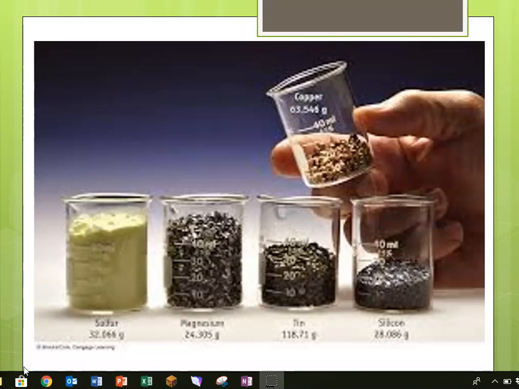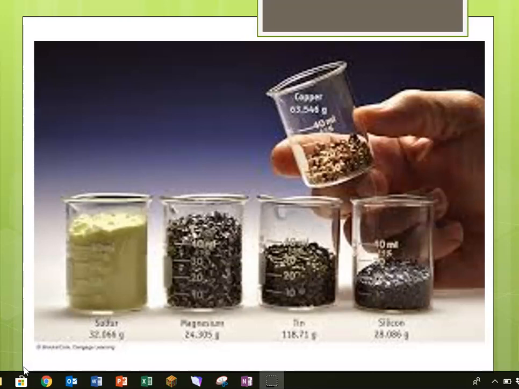And being held in the hand is copper, which is about 63 grams, 63.5. All of those beakers contain 1 mole of atoms, 6.022 times 10 to the power of 23. Exactly the same number of atoms. You'll see they're different volumes, they are different masses, but they contain the same amount of atoms.